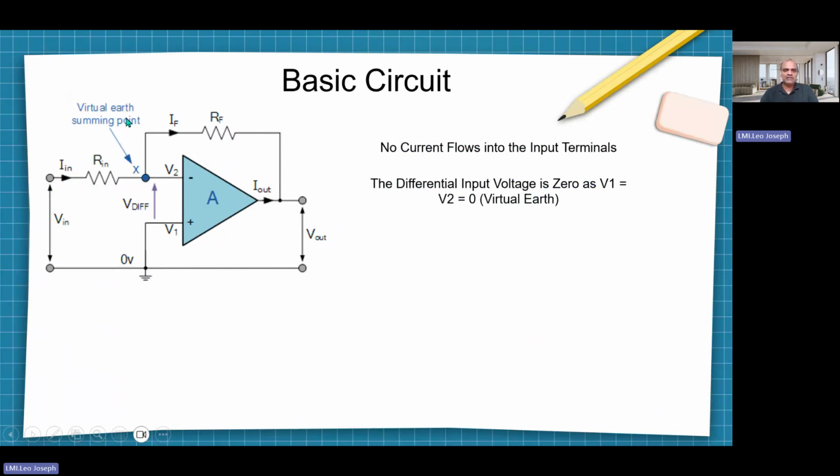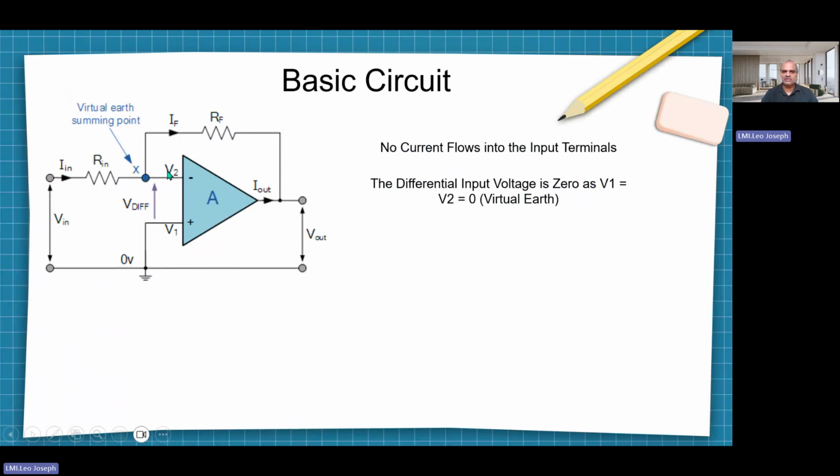This virtual earth makes us think about some important operations the operational amplifier can perform. So two rules you have to consider: no current flows into the input terminal, and the differential input voltage is zero. The differential input voltage becomes zero since V1 and V2 are zero. These two things are zero due to virtual earth.